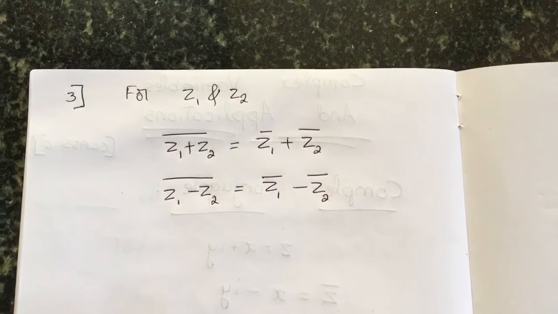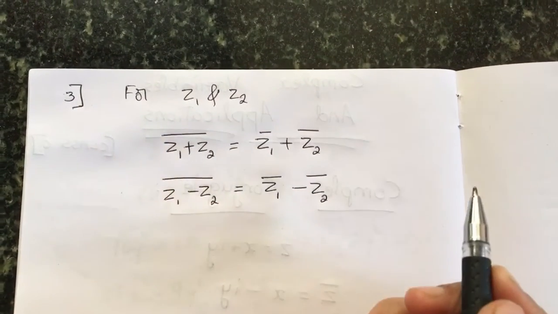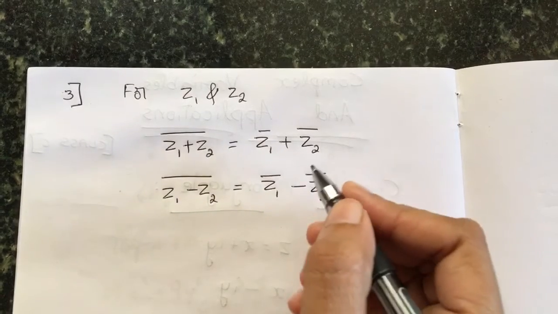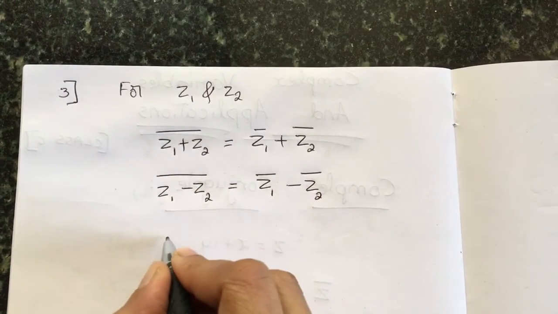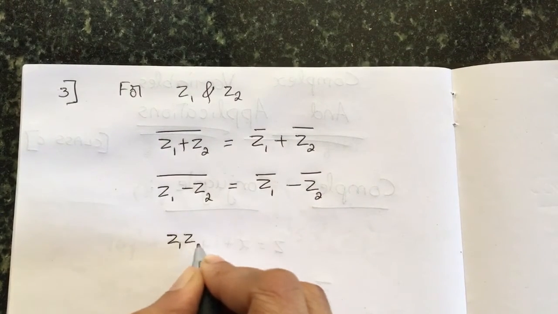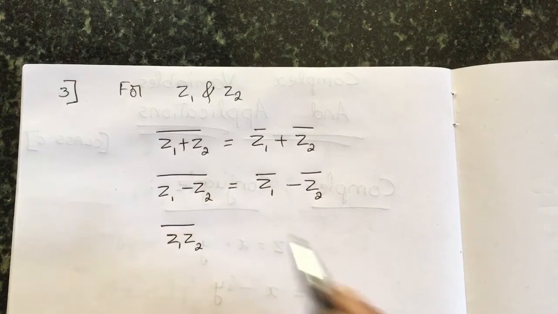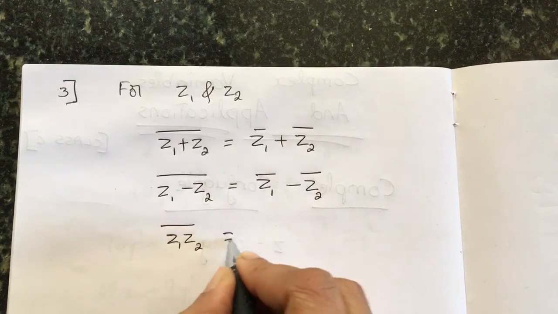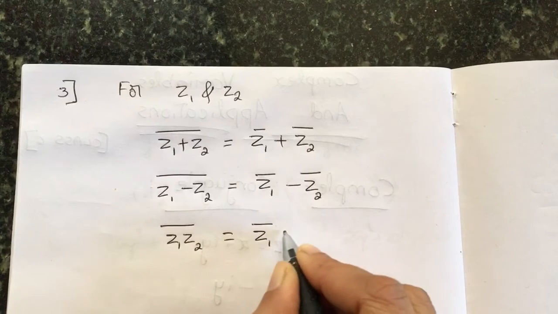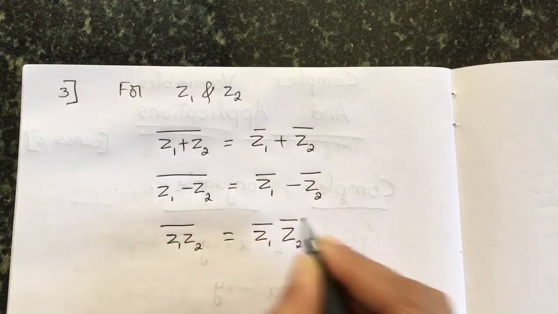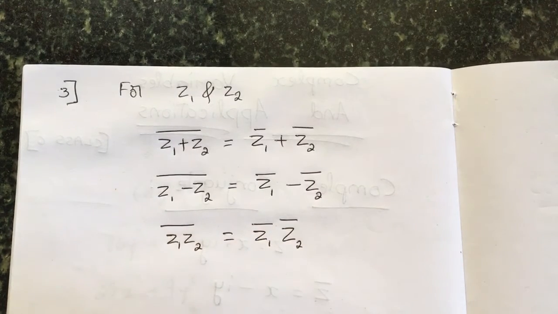And one more, if z1 and z2 are two complex numbers multiplied, and I take the conjugate, then that is the same as z1 bar into z2 bar.